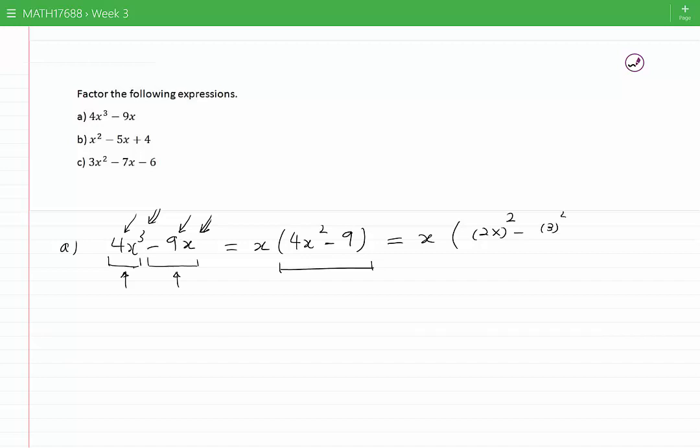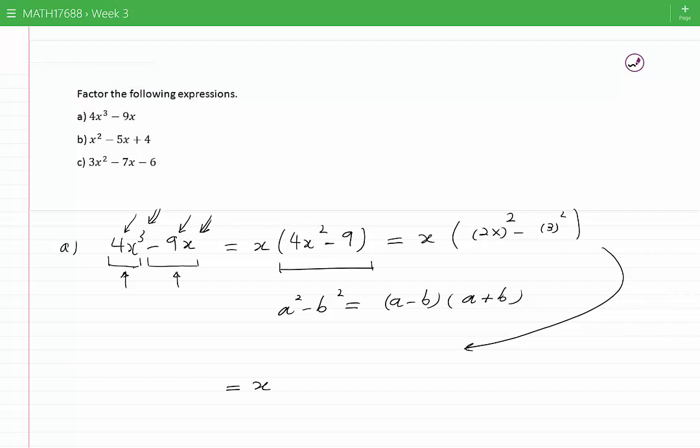3 squared. Now, using the identity a squared minus b squared equal to (a minus b) times (a plus b), I can see that my expression would be equal to x times.